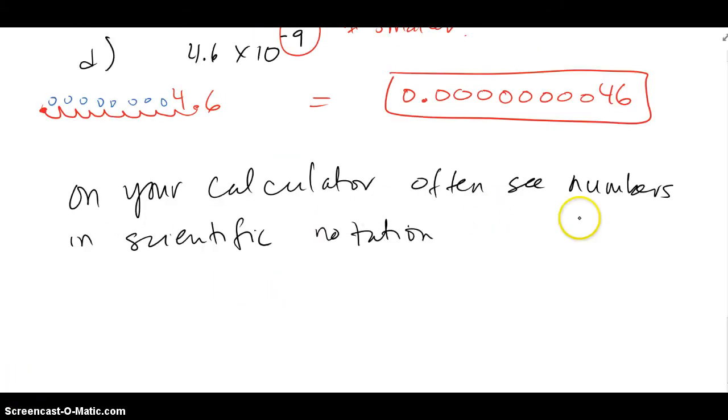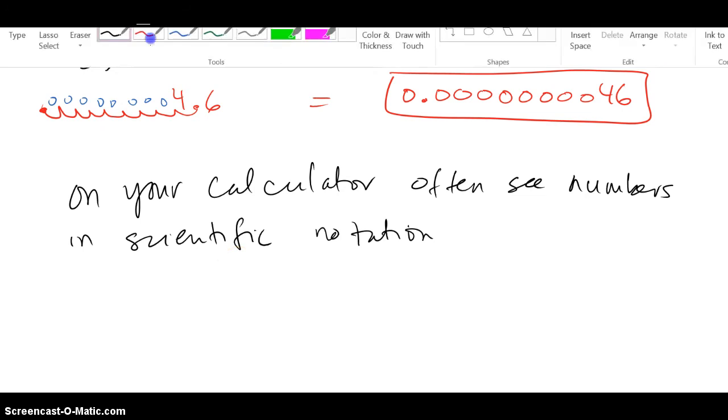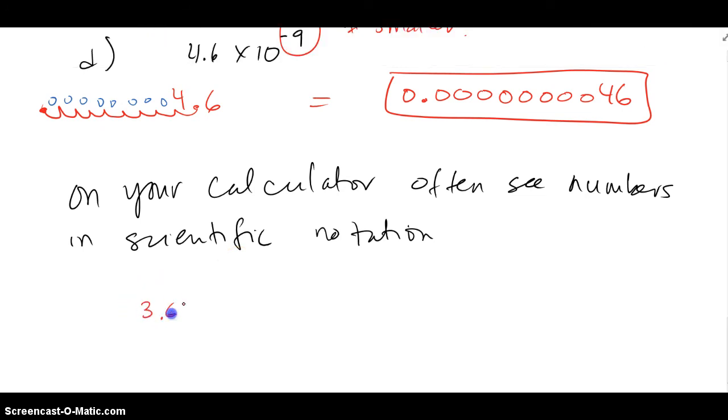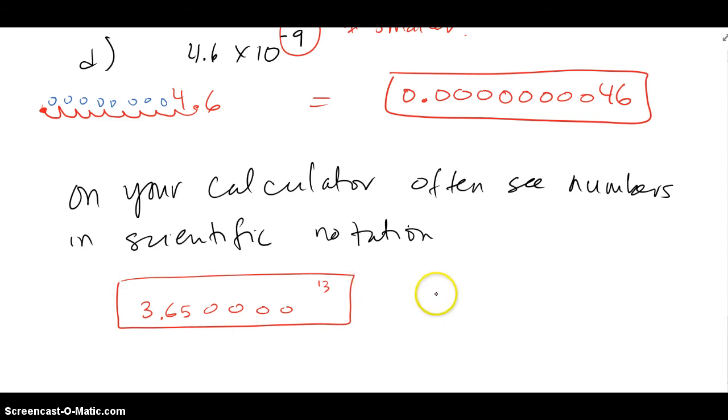On your calculator, sometimes you see numbers in scientific notation, and you'll see something like maybe 3.650000, and then at the top you'll see something like 13 on the calculator. It depends on what kind of calculator you have, and that'll basically signify that you have 3.65 times 10 to the 13.